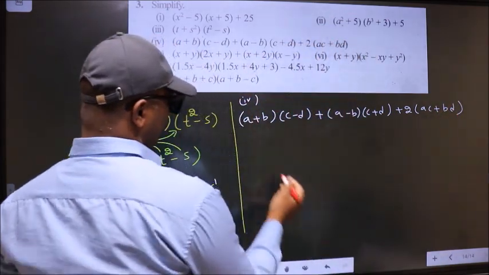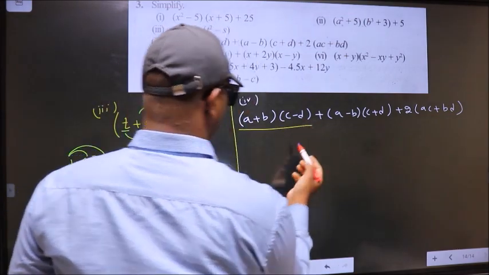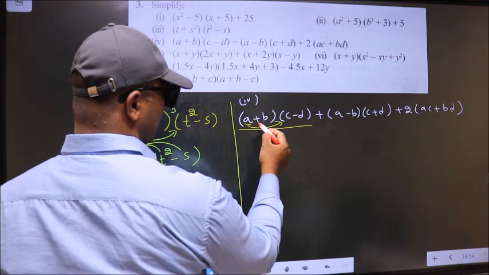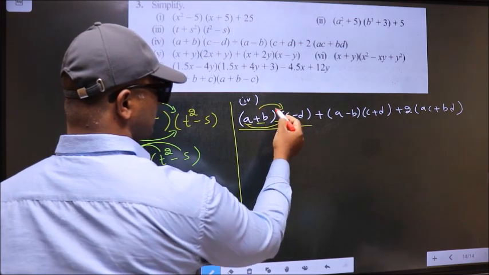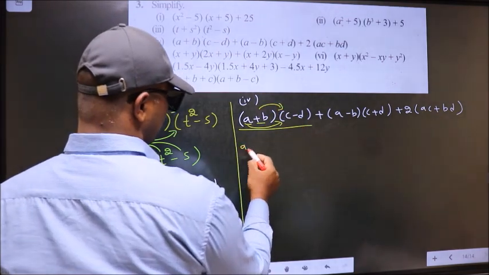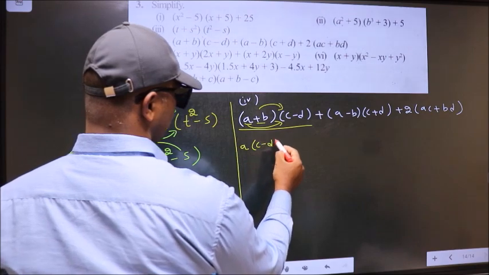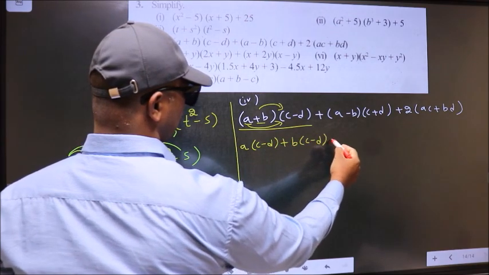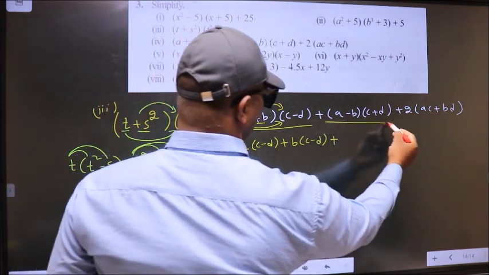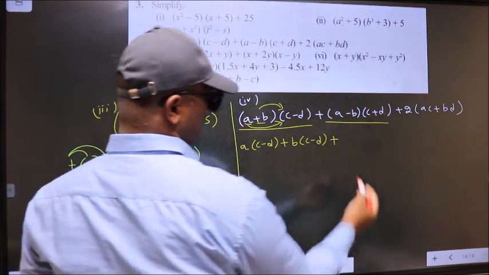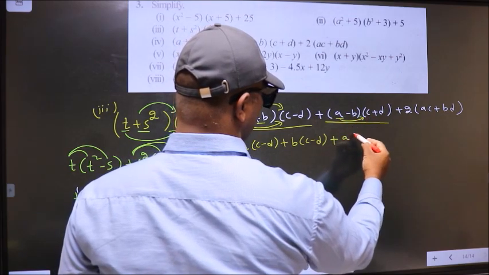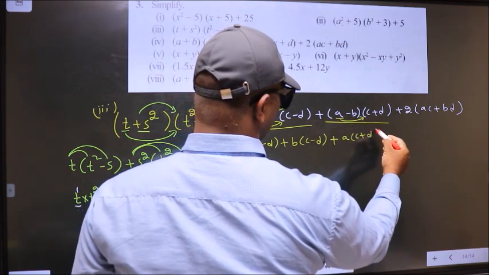Now in this, first with a we should multiply this bracket, and then with b we should multiply this bracket, that is a into c minus d plus b into c minus d, plus even over here with a we should multiply this bracket, that is a times c plus d.